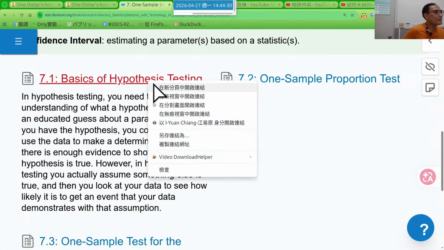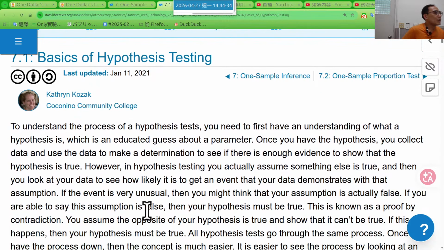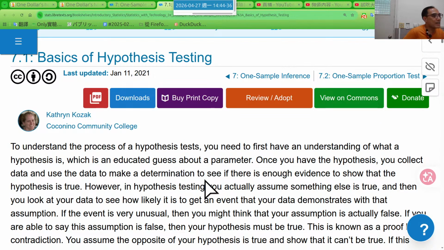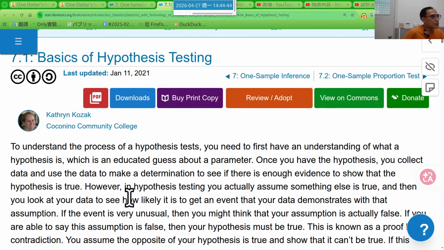Okay, let's move on. To understand the process of hypothesis test, you need to first understand what a hypothesis is, which is an educated guess about a parameter.